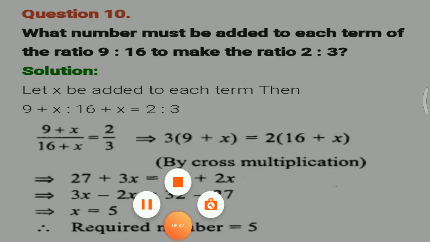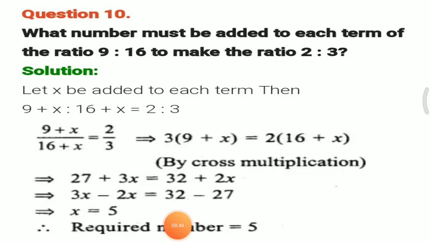Now question number 10 is: what number must be added to each term of the ratio 9 ratio 16 to make the ratio 2 ratio 3. At first you consider the number to be added as f, then 9 plus f ratio 16 plus f is equal to 2 ratio 3.